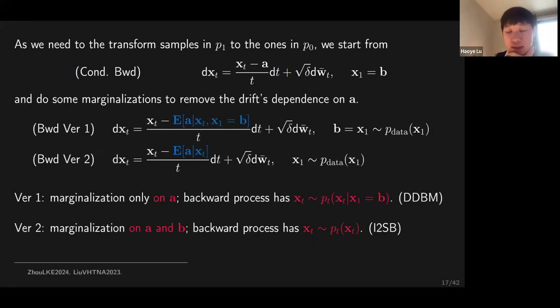Are you talking about the sampling part or the training part? The sampling part. Okay, for the sampling part, we won't end with the t equals 0 case. We will stop a little bit in advance so that we don't really need to deal with the numerical error in practice.